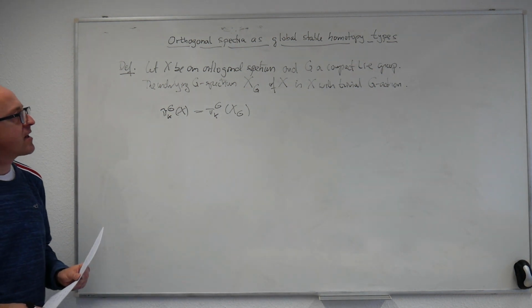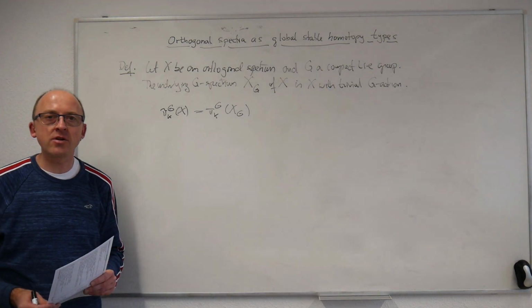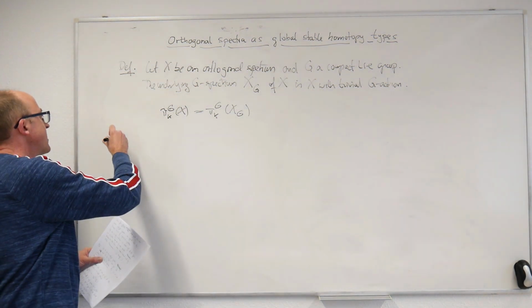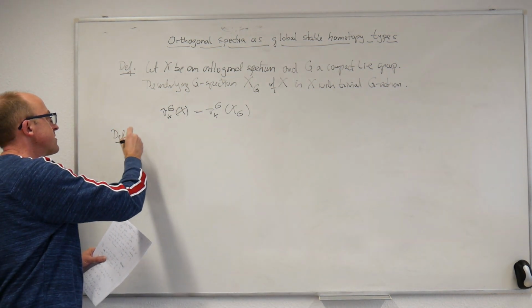Okay, so now I can define the most important notion when it comes to the category of orthogonal spectra from a global perspective, and this is the notion of global equivalences.